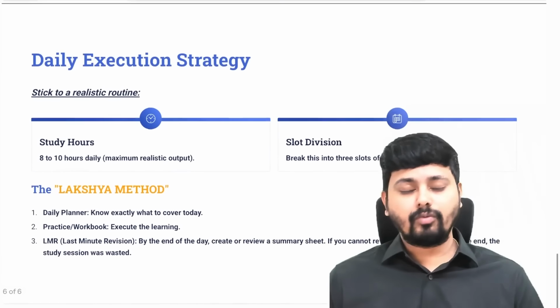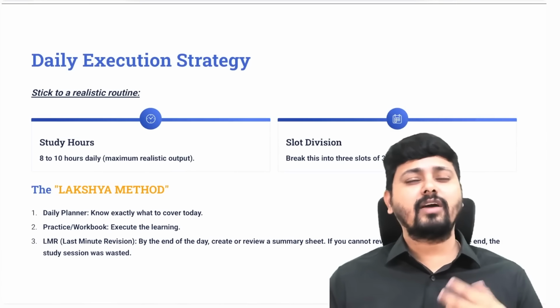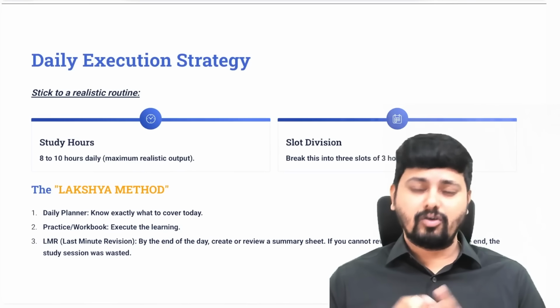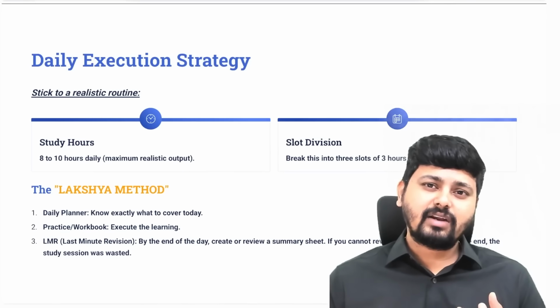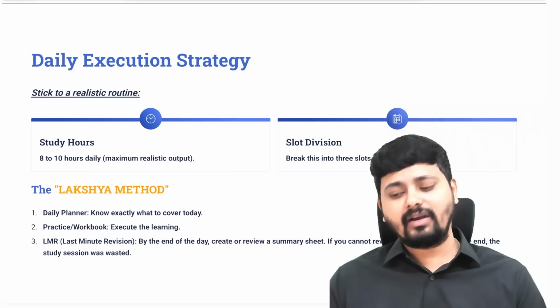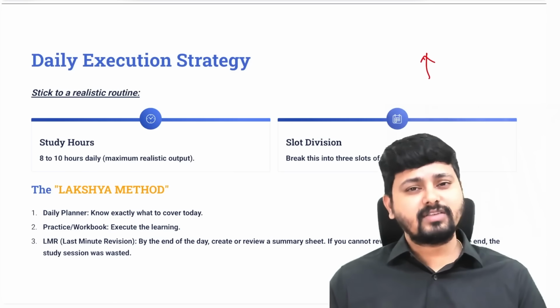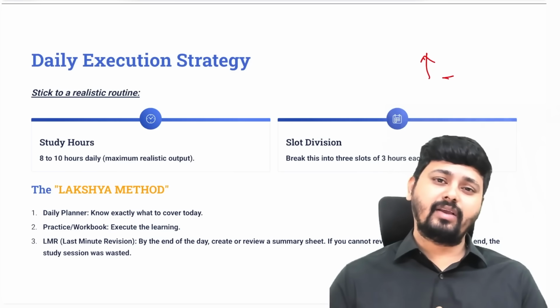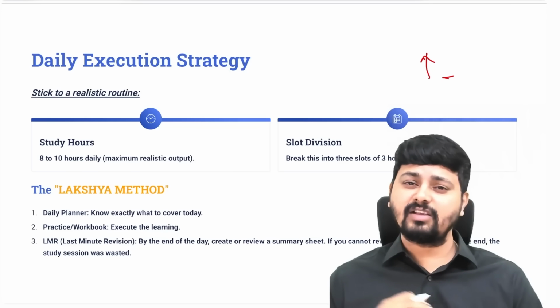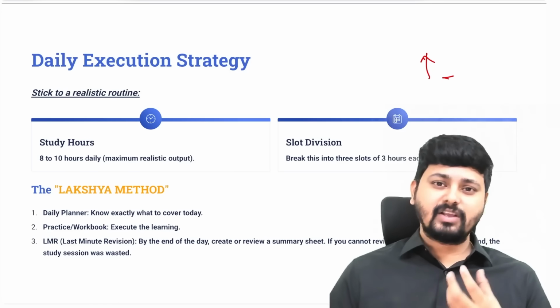Okay, so what should be your strategy? How many hours should you be reading? See, don't try to be a Superman or Superwoman, because consistency matters more than performing very high on one single day and taking a break the next day. You already know very well that perseverance and consistency are two important things which UPSC rewards.